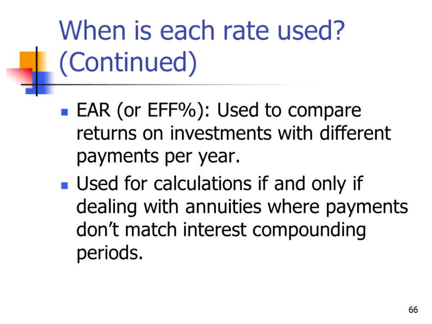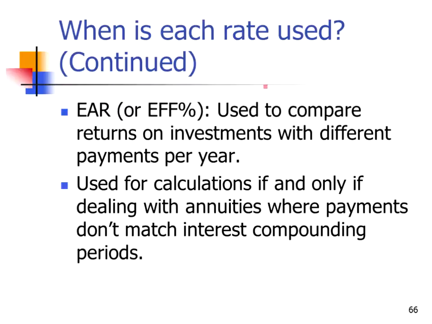When is each rate used? The effective rate is used to compare returns on investments with different payments per year. It is used for calculations if and only if dealing with annuities where payments don't match the interest compounding period.